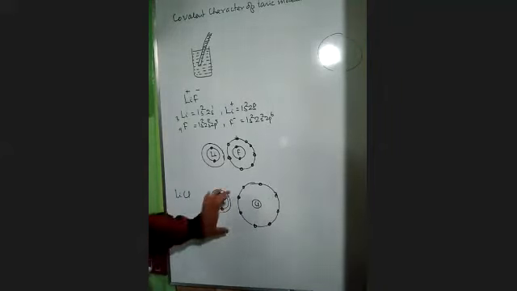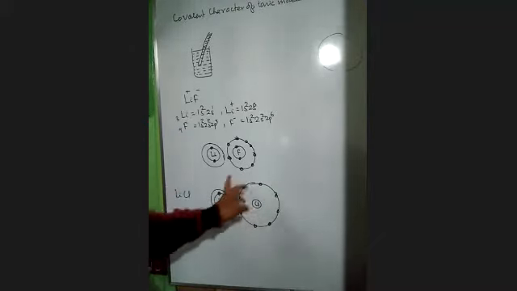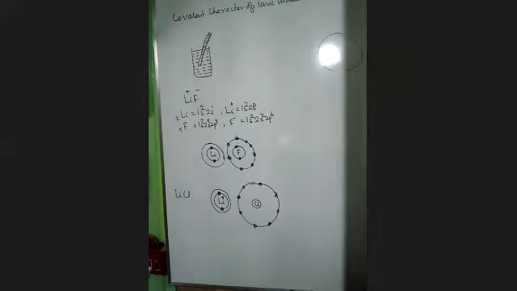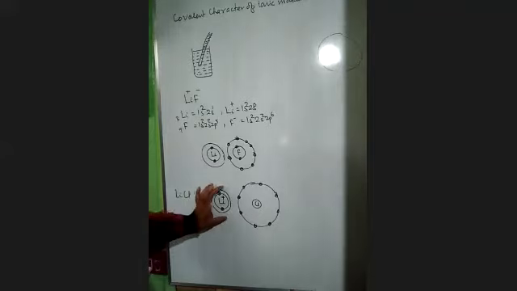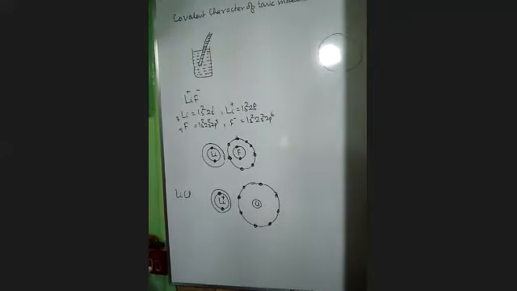When the electron is pulled, this chloride, which has a homogeneous distribution of electrons, starts having its electron attracted towards lithium.